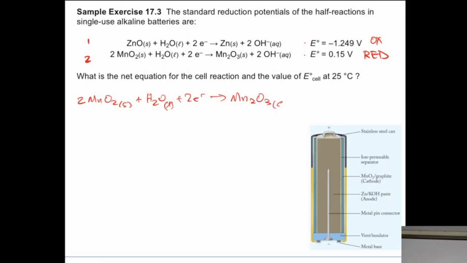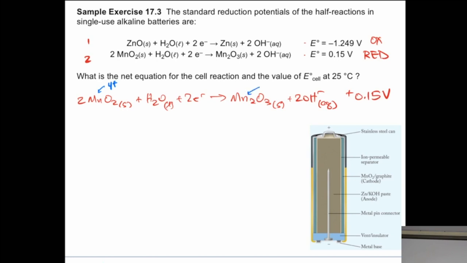another manganese oxide. So what's the difference between the manganese oxide on the left-hand side and the manganese oxide on the right-hand side? I can't call it manganese oxide, can I? I have to define what's the difference between them. What's the charge state on the manganese in MnO2? It's 4+, that's right.